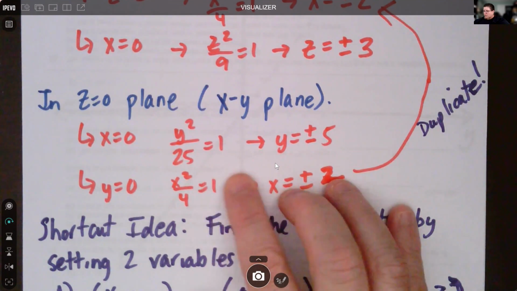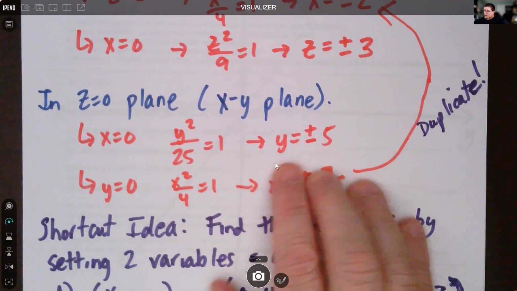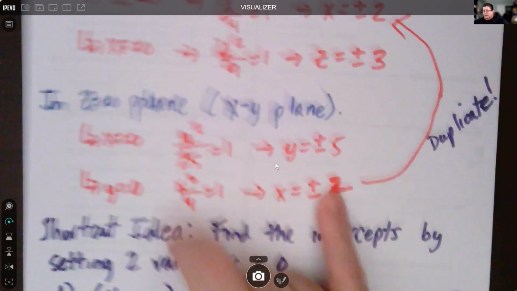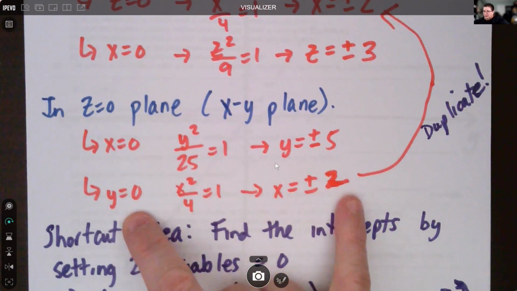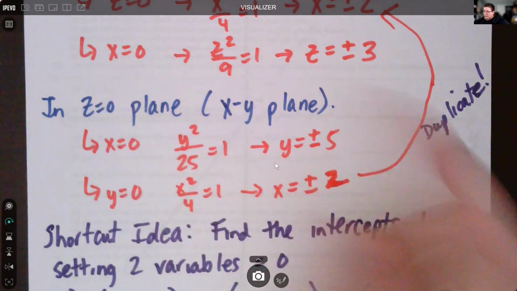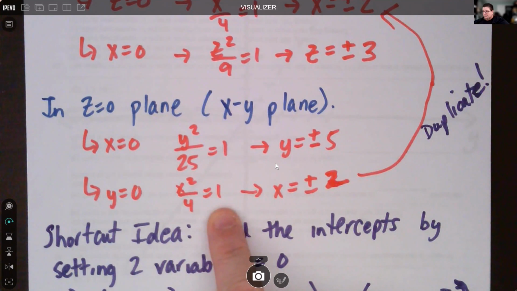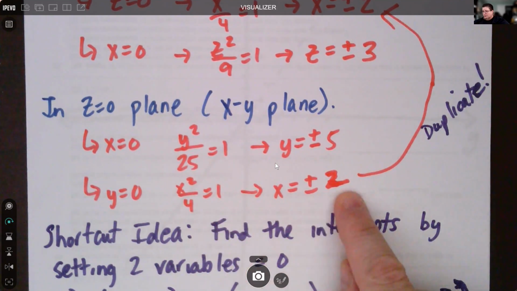Solve for y squared equals 25, y equals plus or minus 5. That's when x equals 0 and z equals 0. If I do y equals 0 and z equals 0, I get x squared over 4 equals 1 and x equals plus or minus 2.